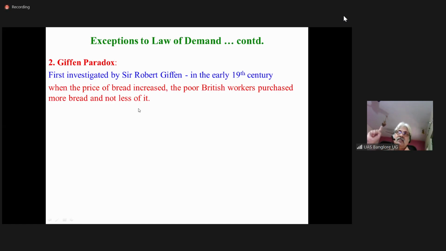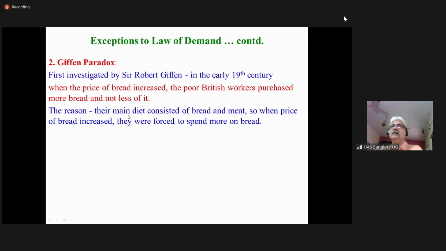So when the price increases, usually people buy less of it, but instead, during that period in Britain, the price of bread increased, but the poor British workers purchased more bread instead of less bread. What was the reason for that? The reason was their main diet, the diet of those poor workers in Britain, was bread and meat.